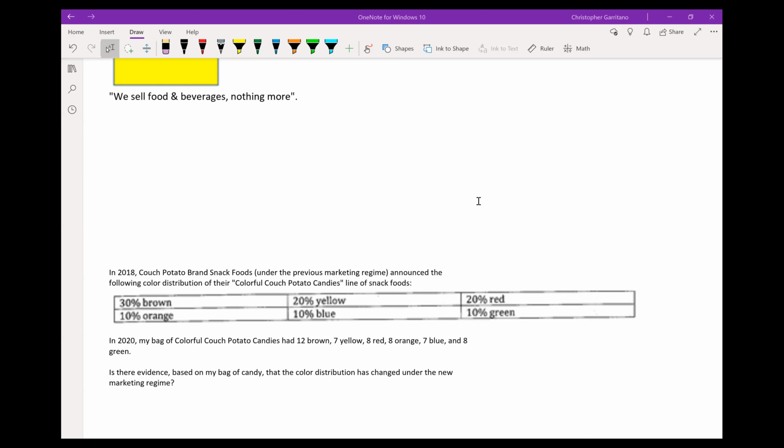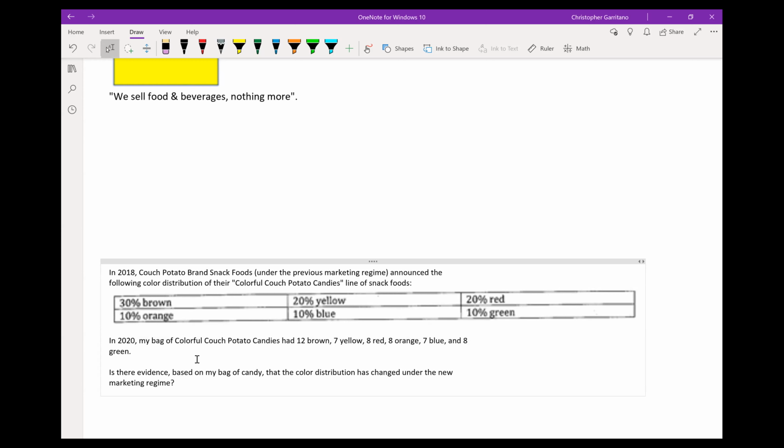All right, so this information is now your sample information. That's your sample data. And of course, we can convert it to sample proportions or p-hats. But the question we're going to try to answer is there evidence based on my bag of candy that the color distribution has changed under the new marketing regime?